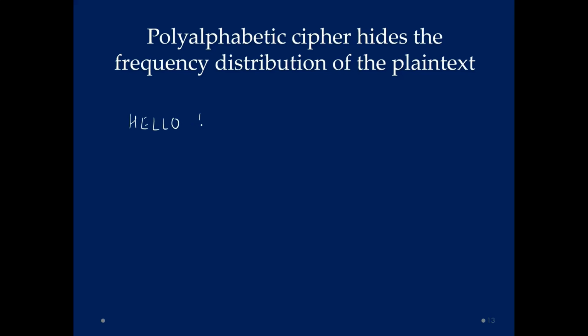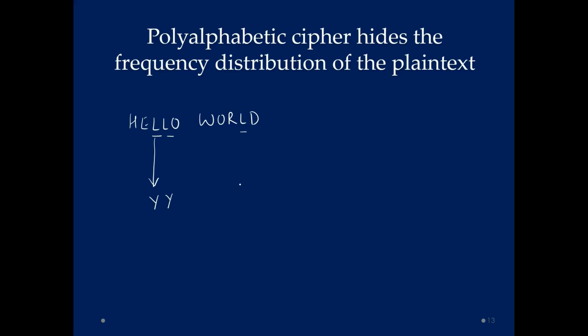Polyalphabetic cipher basically hides the frequency distribution of the plain text. Now, what do you mean by this? For example, let me say I have this hello world. And if I'm using a monoalphabetic cipher, I replace the L's. The L is frequently used in this plain text.